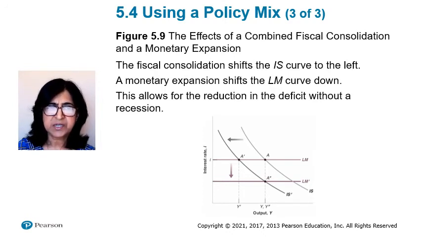Thus, the reduction in the deficit will lead to a recession. The monetary expansion will shift LM down, output will increase to Y double prime, same as before. Together, they leave output unchanged while the budget deficit is reduced.